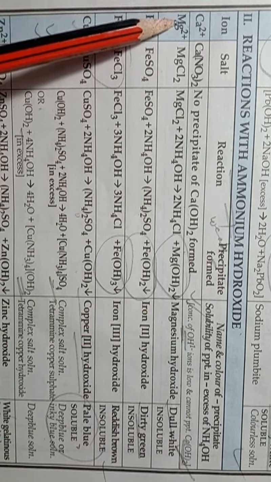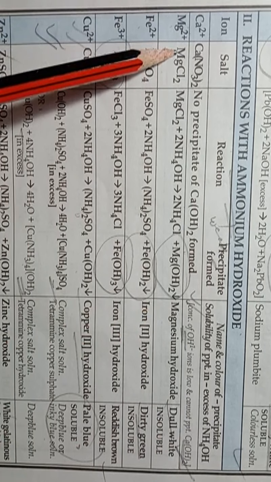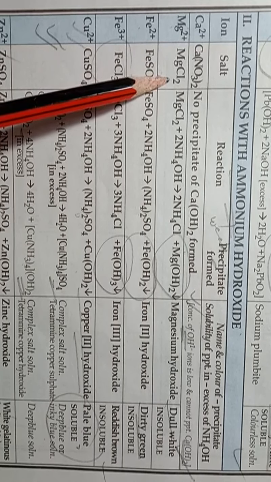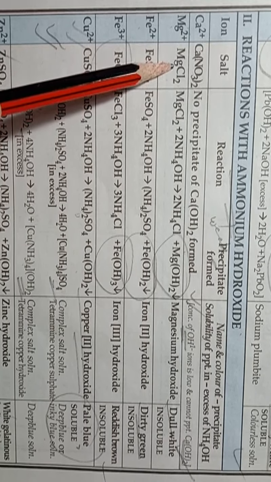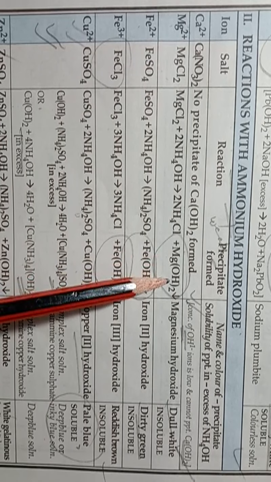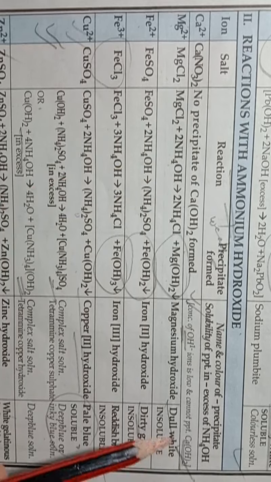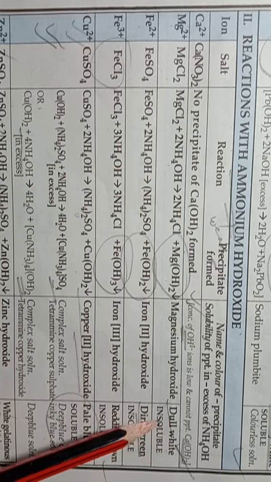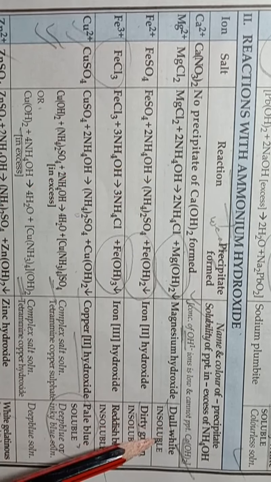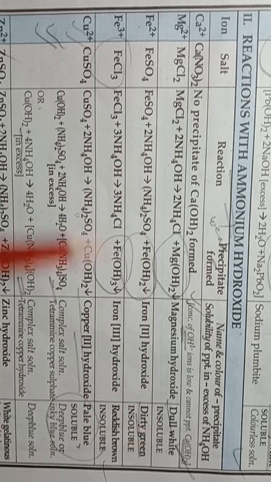The next ion is magnesium ions. Magnesium ions are in the form of magnesium chloride, and this magnesium chloride forms magnesium hydroxide with ammonium hydroxide. Again, this is dull white and insoluble in excess of ammonium hydroxide.